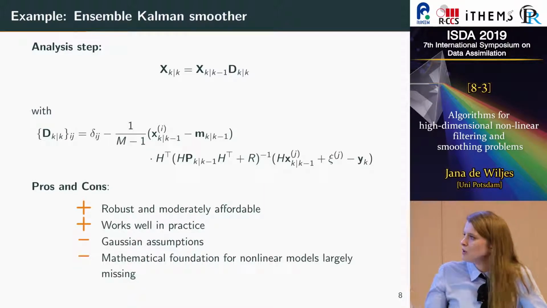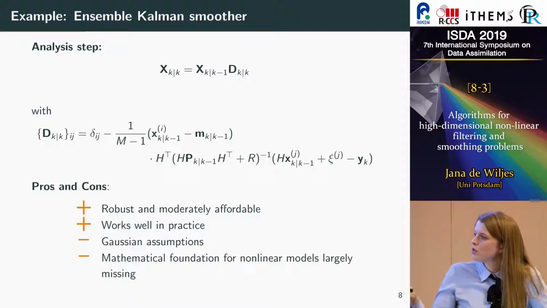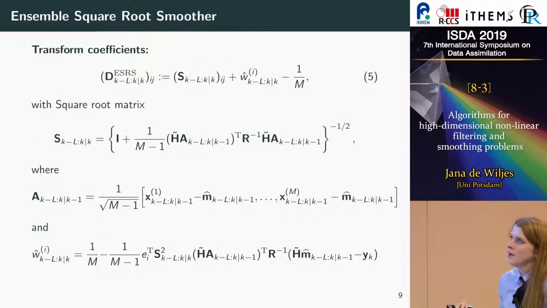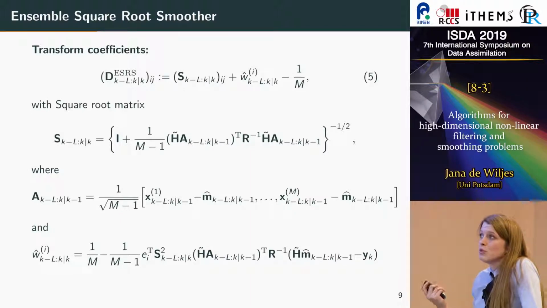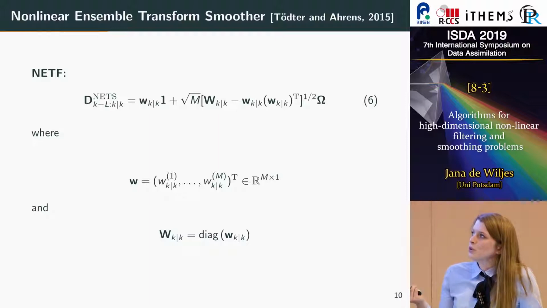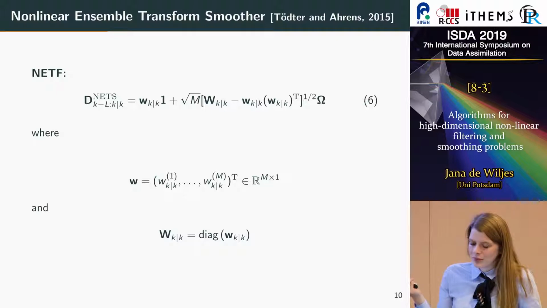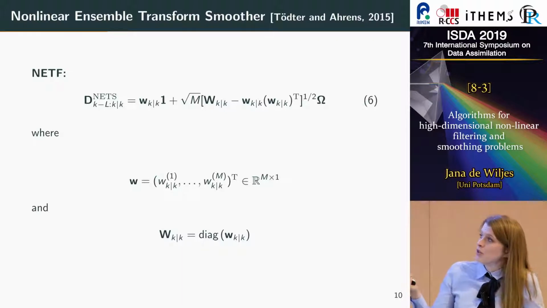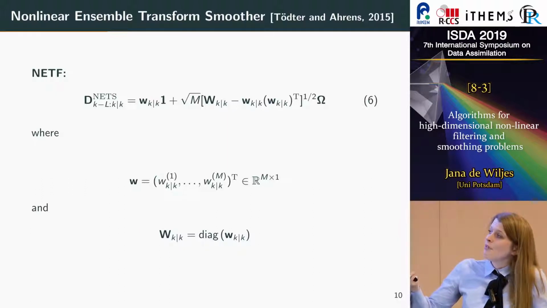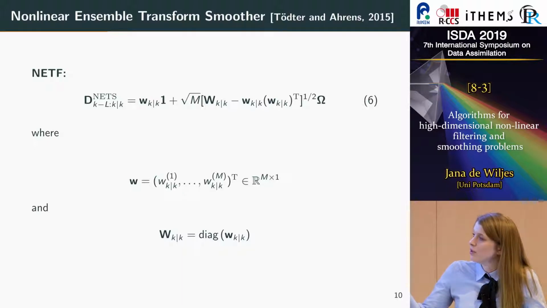I'm not going to go into them in detail. So the classical Ensemble Kalman smoother belongs to this family. Also, all ensemble square root smoothers fit in that context. And also, nonlinear ensemble transform smoothers that do not assume Gaussianity and are based on the idea to match the first 2 moments, but not of the Kalman filter, but of the particle filter for a finite number of ensemble members.